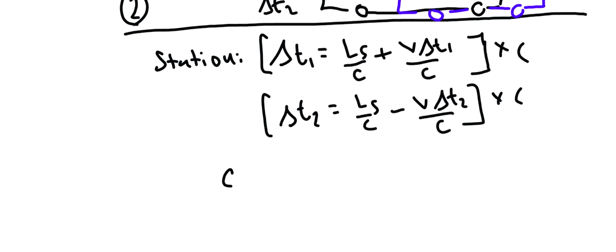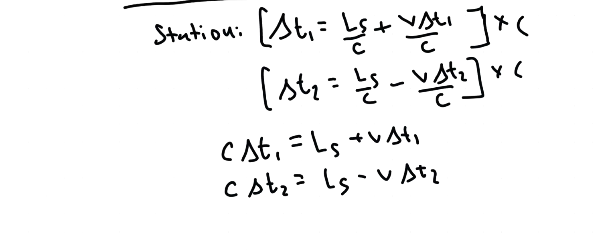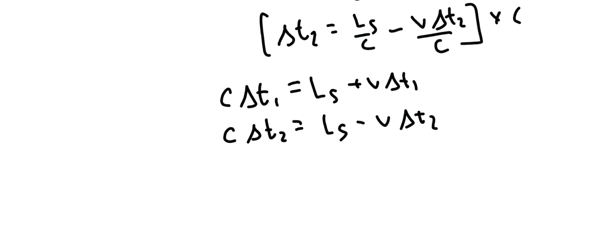So then my equation becomes, c delta t1 is equal to ls plus v delta t1. And my second equation becomes c delta t2 equals ls minus v delta t2. So I will keep working with this delta t1 and delta t2.